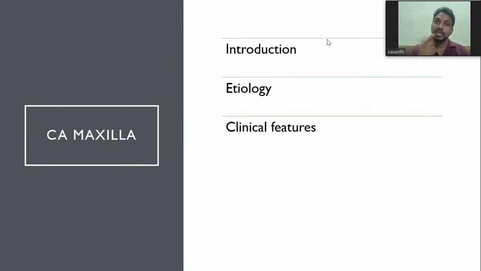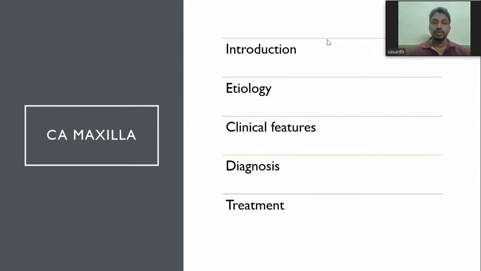Okay. And then loosening of teeth. So these are the clinical features you have. And then diagnosis is clinical, by endoscopy. You can find the mass arising from the lateral wall of the nasal cavity, or you do imaging, a CT scan. Okay. And then treatment: radiotherapy, chemotherapy, surgery.